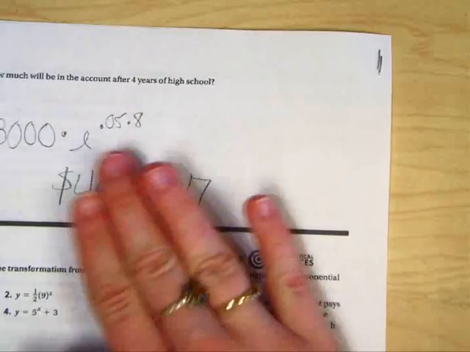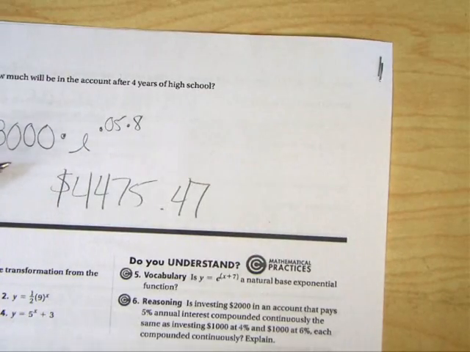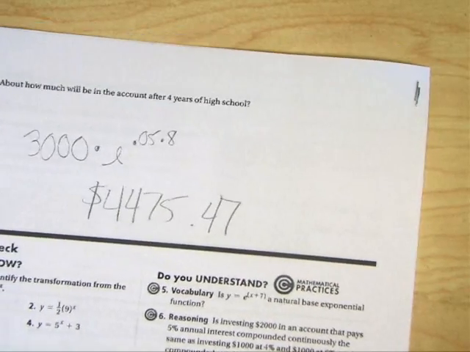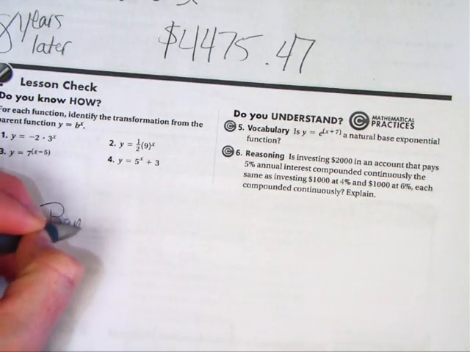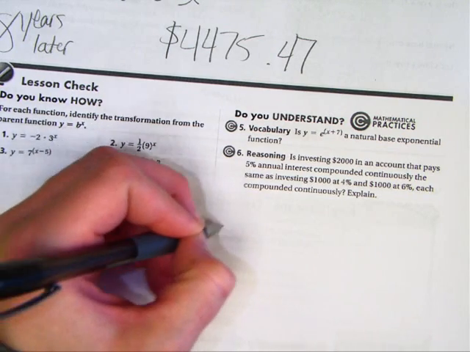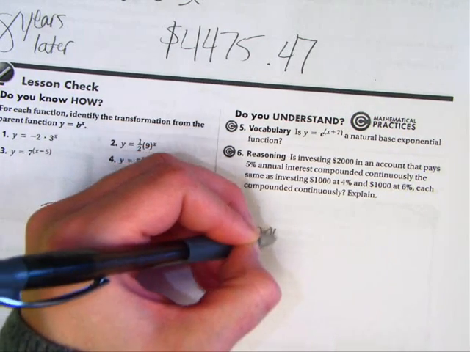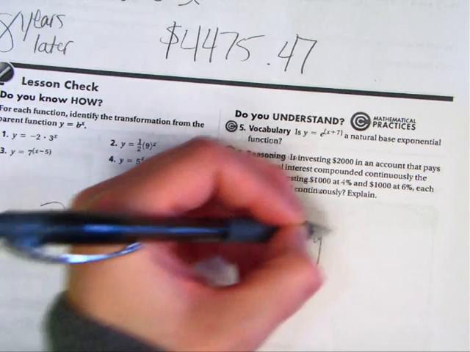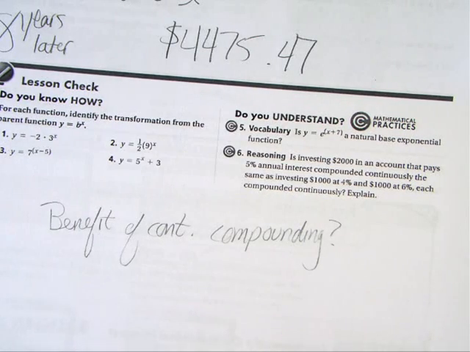Now, what would be the benefit if a bank continuously compounded? Since we have just a little bit of time, I want to talk about that. What is the benefit of continuous compounding? For example, some banks, like my bank, I only get my compounding every month.